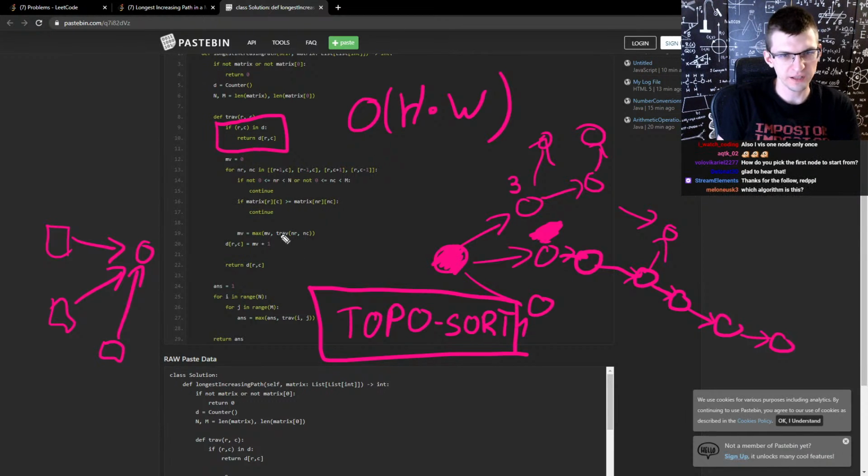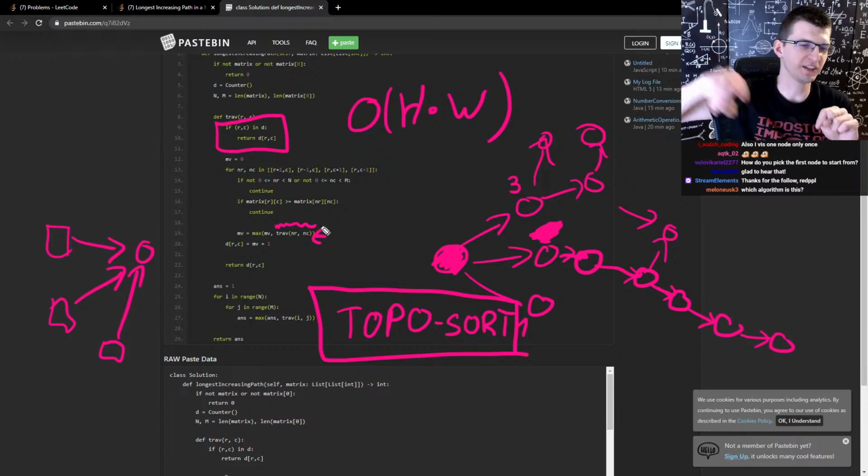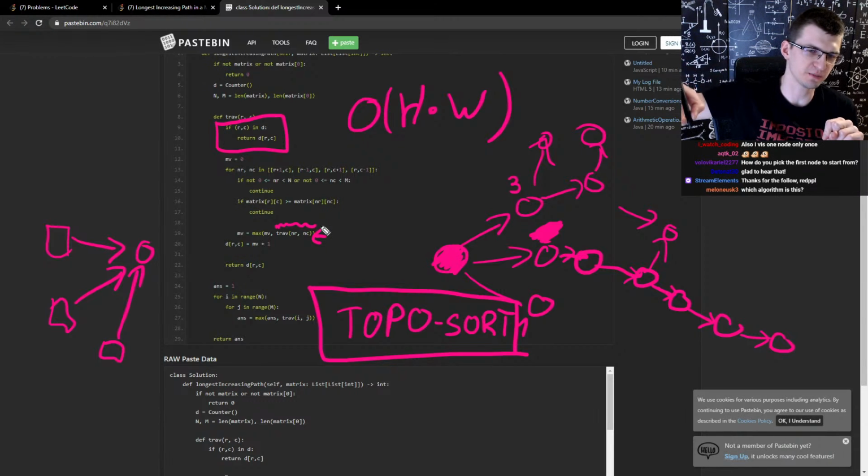If you replaced this line with something like, if it's already computed for that vertex, then don't even run the traverse function, but instead read from a map, then I would agree that for every node, we enter this function only once.